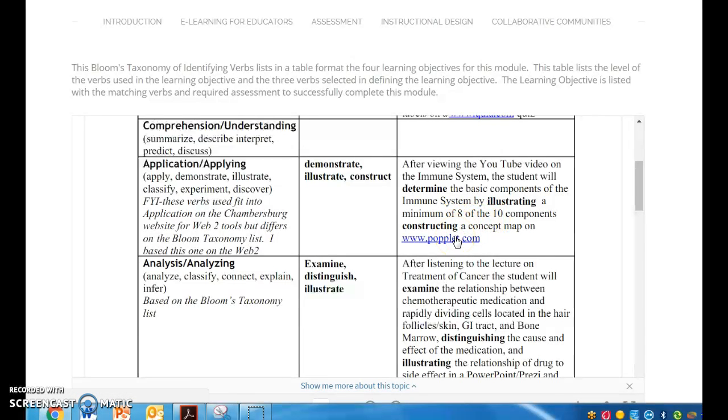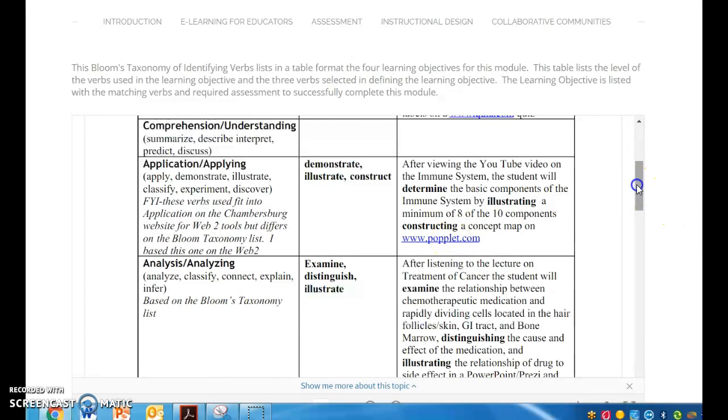Now there's many Web2 tools where you can find concept maps. Many of them charge, but you can also make a concept map in Word, and these just kind of have some of the pieces there for you. One of them was Poplet, and so the students were to do that on this Web2 tool site.